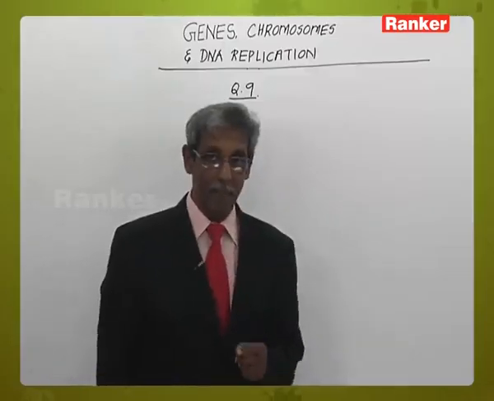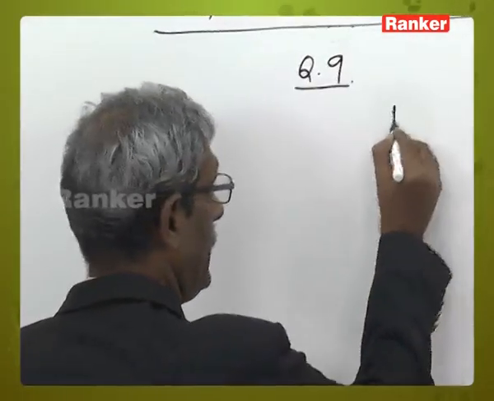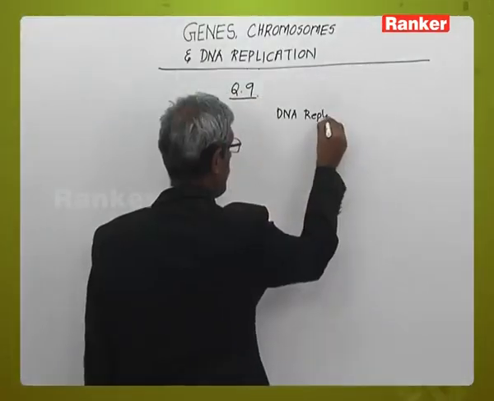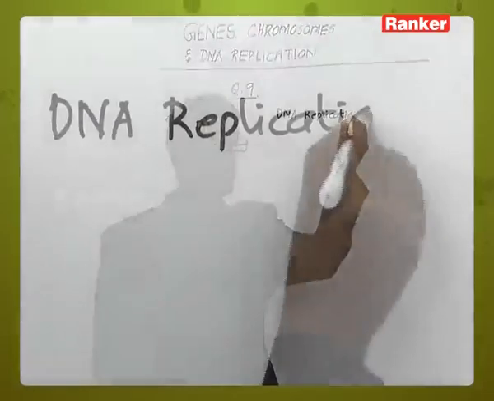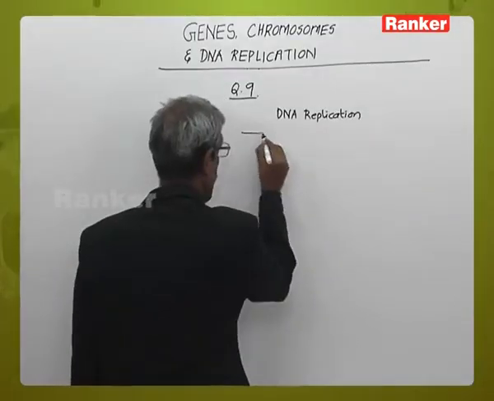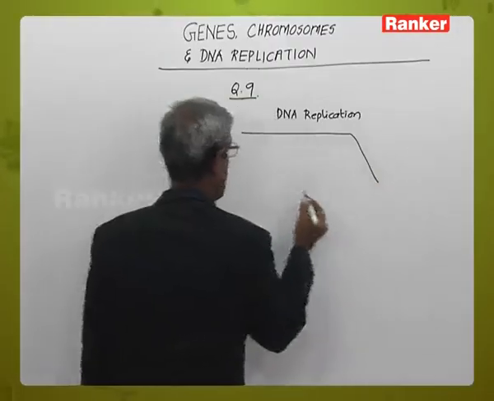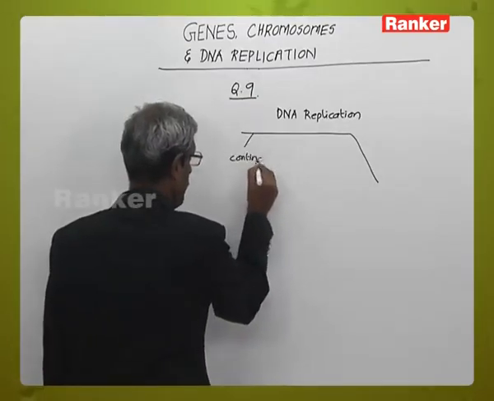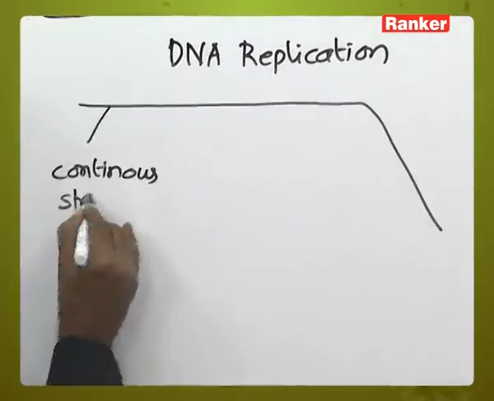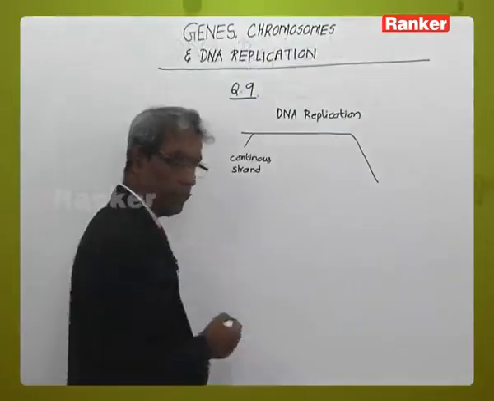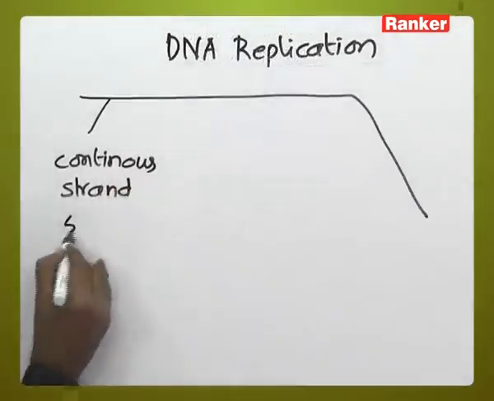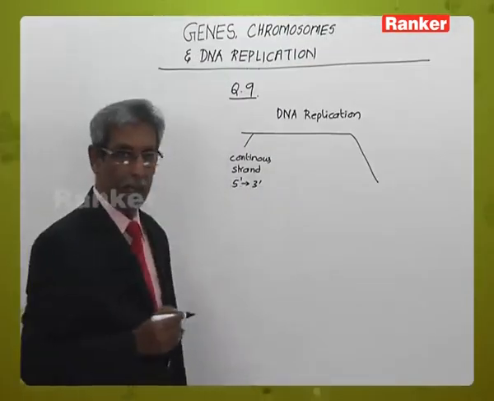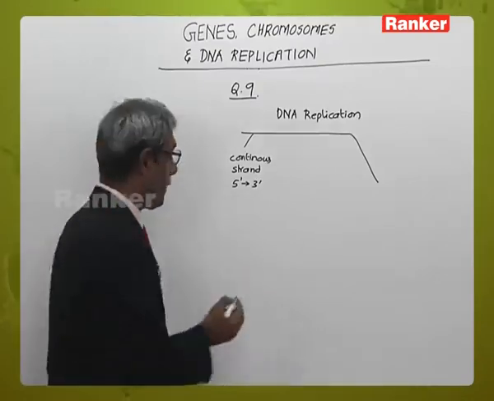When you take DNA replication, after the formation of the continuous strand, the continuous strand runs in the 5' to 3' direction. Then there is a formation of smaller fragments.